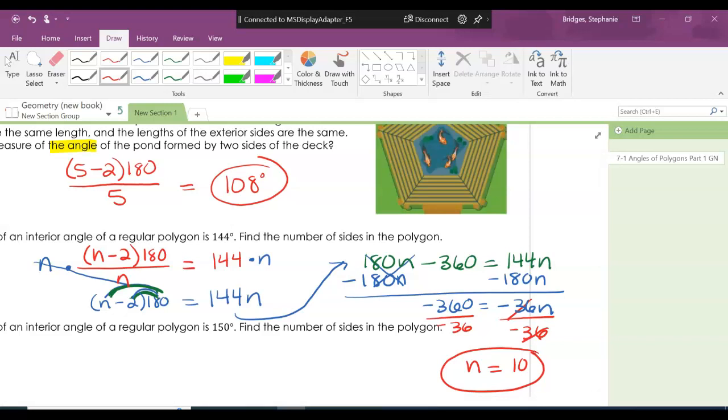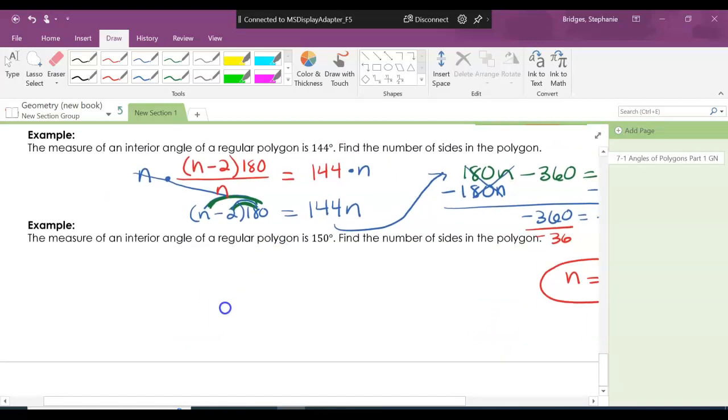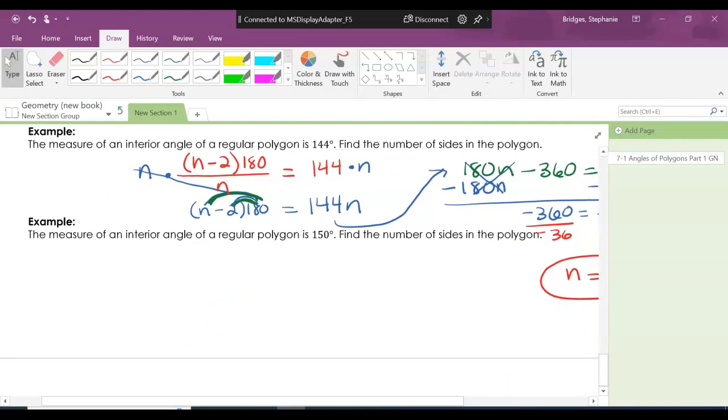Everybody kind of okay with how to work backwards there? Okay. I want you to try the last example. It's exactly the same thing. You're going to set it up exactly the same way we just did. Use your one angle formula, n minus 2 times 180 over n.